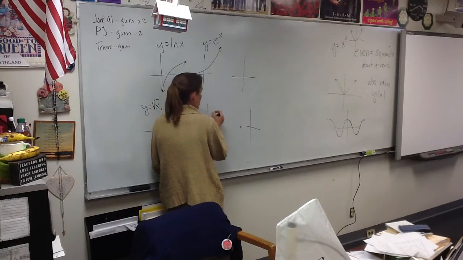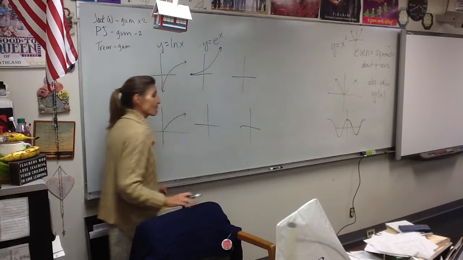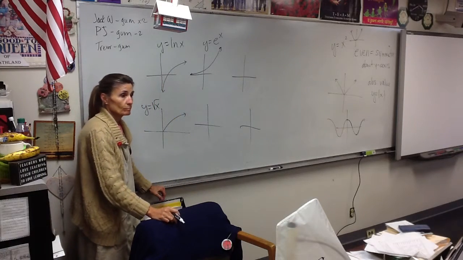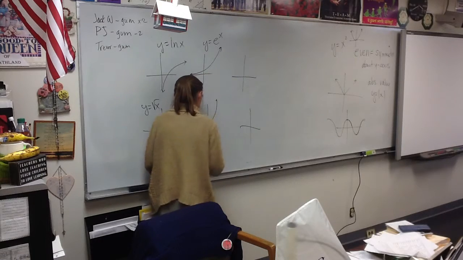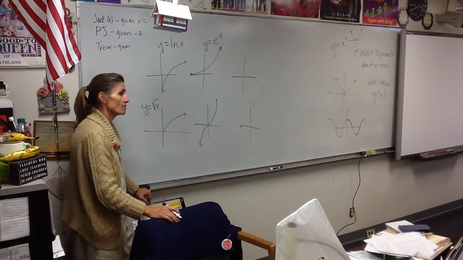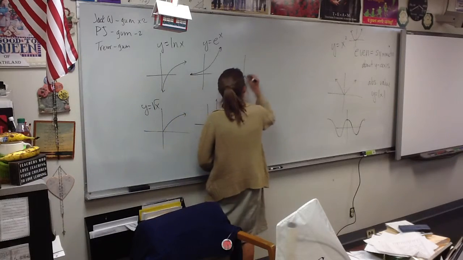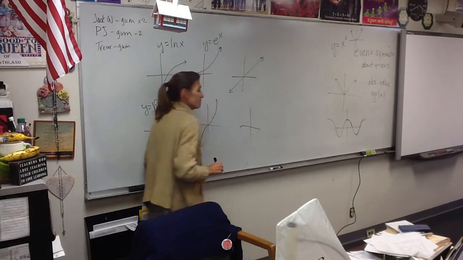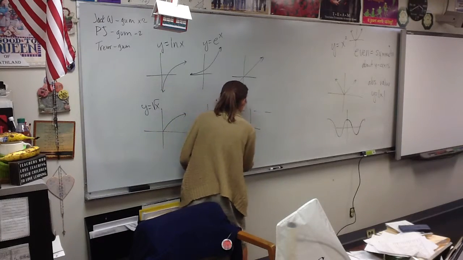When I draw the reciprocal function, it actually is going down. The cubing function, as we draw it, our pencil is going up the entire time. Identity, as we draw it, we're going up the entire time. And the logistic function. Yep, you got all 6 of them.